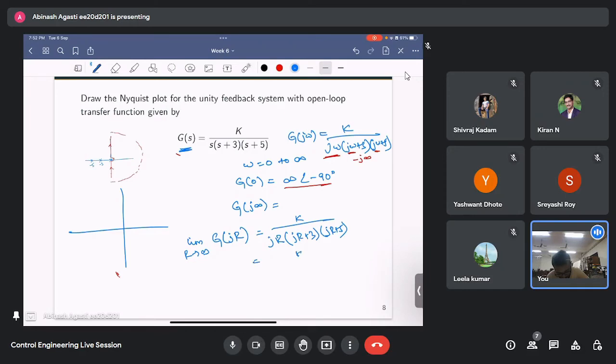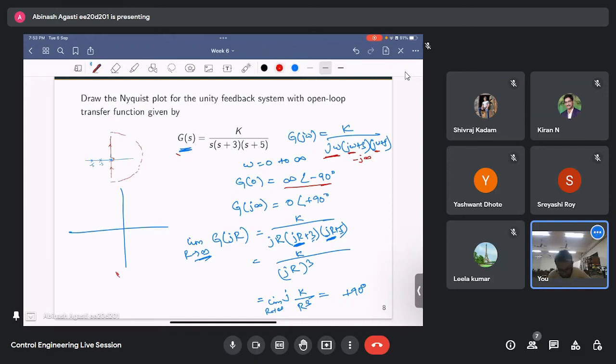This is k by jr whole cube, because these are very large terms, so these two will dominate 3 and 5, so we'll have jr cube. So this is minus j square is minus 1. So this is j k by r cube, limit r goes to infinity. So magnitude is 0, but the angle is plus 90 degree or minus 270 degree. 0 at plus 90 degree.